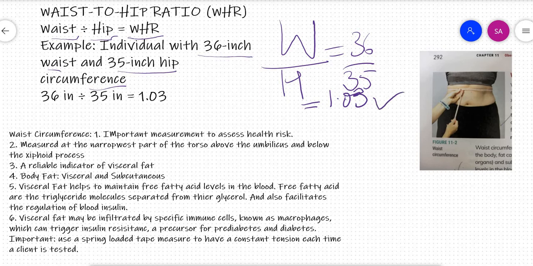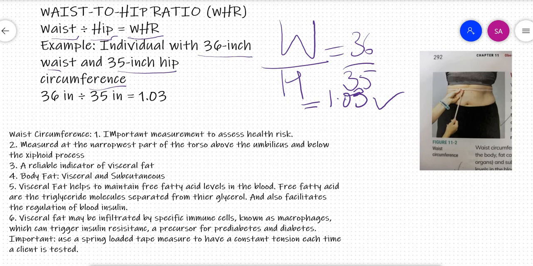When you see the table given in your book, table 11.3, there are different norms given, waist to hip ratio norms based on gender, whether male or female. The categories are excellent, good, average and at risk.